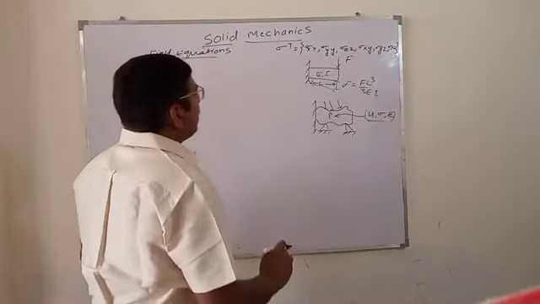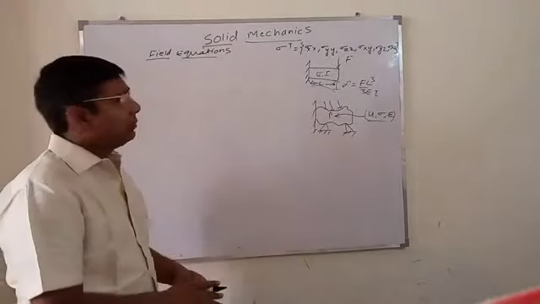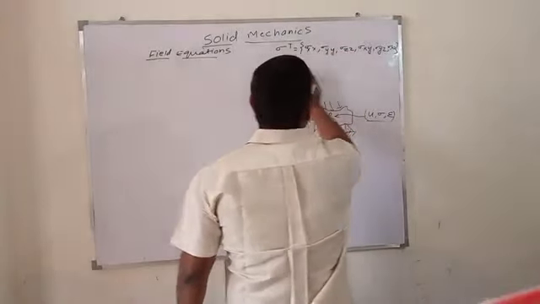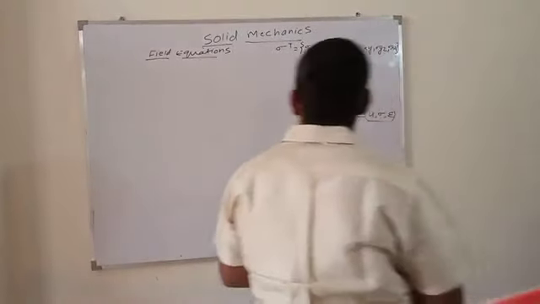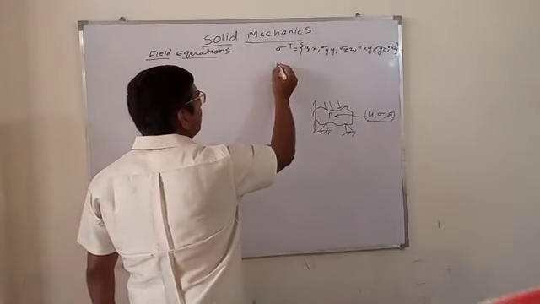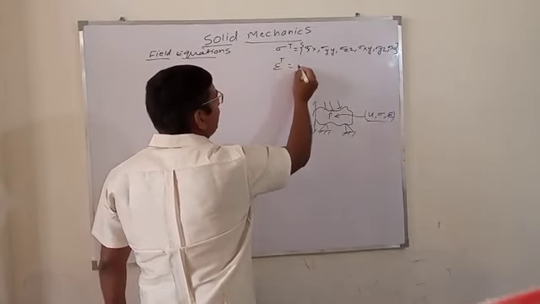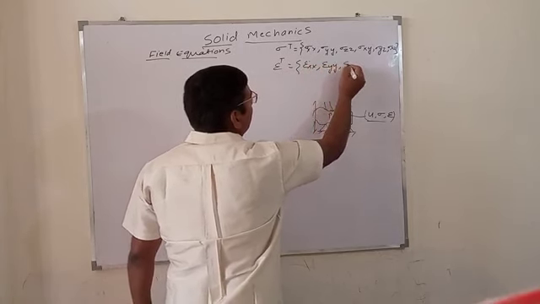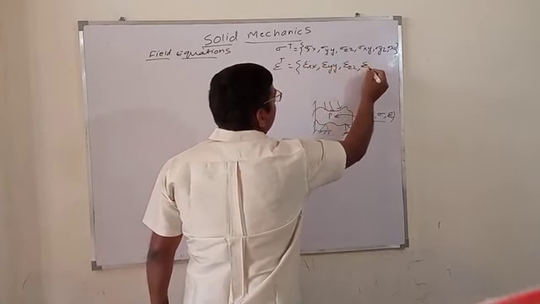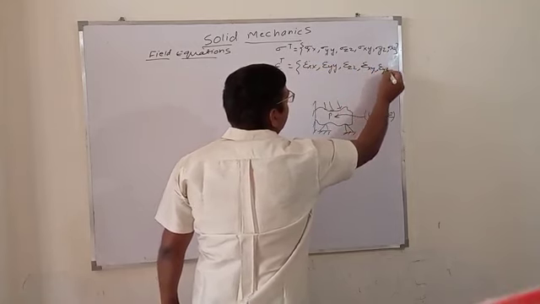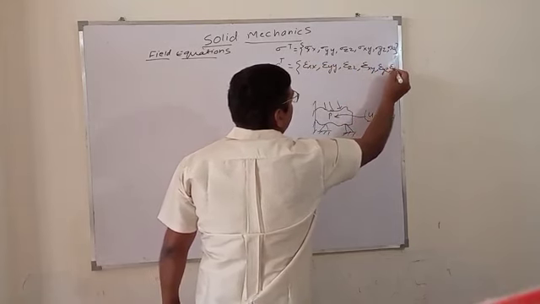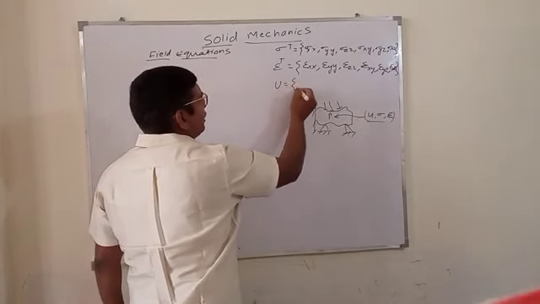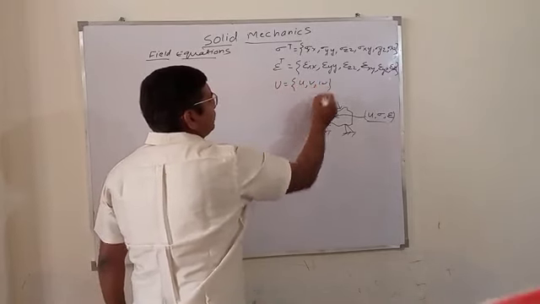Similarly, strain has epsilon xx, epsilon yy, epsilon zz, then xy, yz and xz, and displacement we can write as u, v, w.